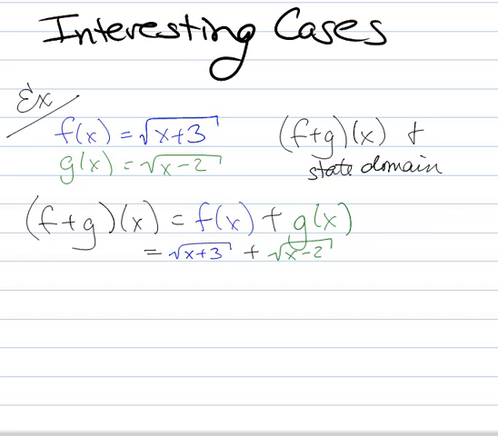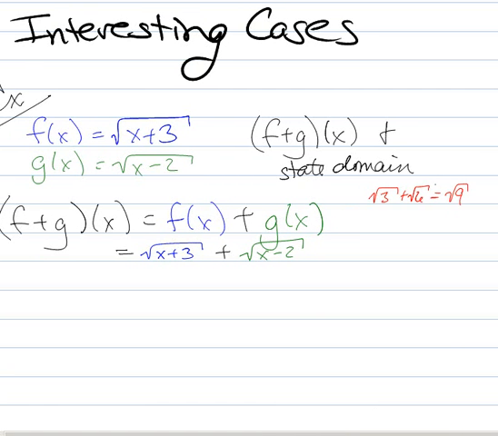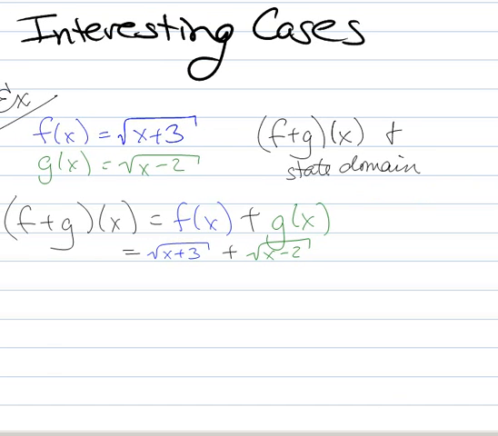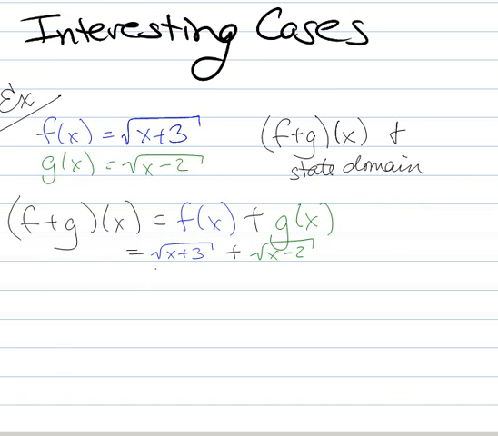And because I remember that the square root of 3 plus the square root of 6 is not equal to the square root of 9, since I'm not even tempted to do that, I know that I'm in fact done. And this is my answer: root x plus 3, and root x minus 2.